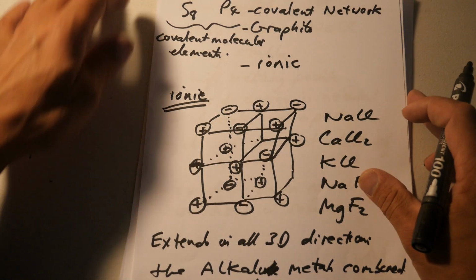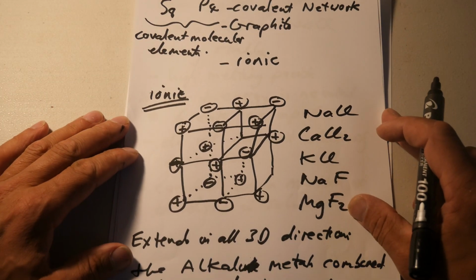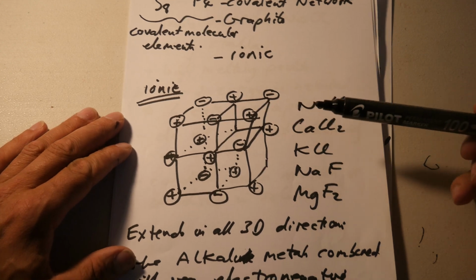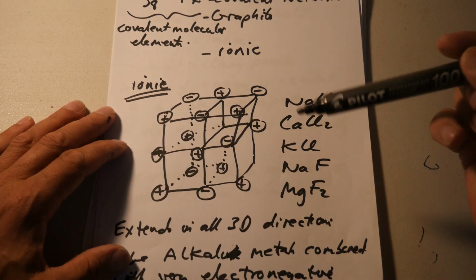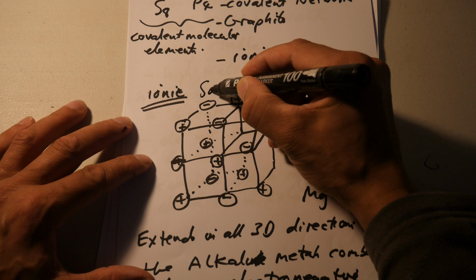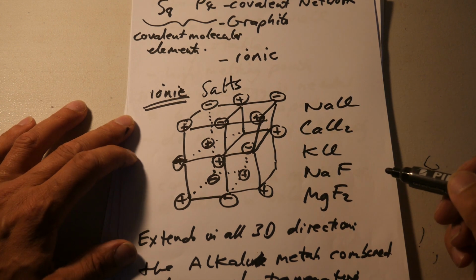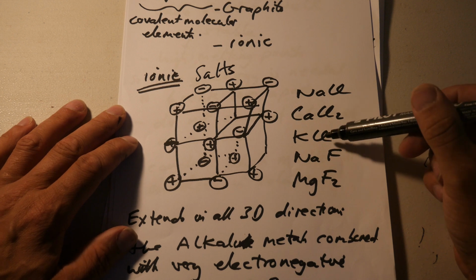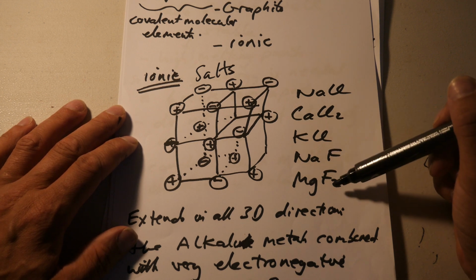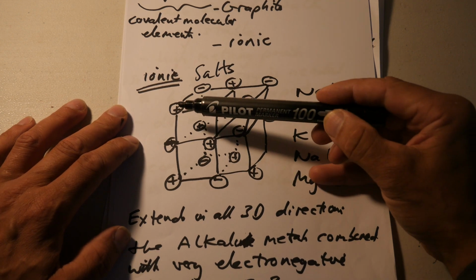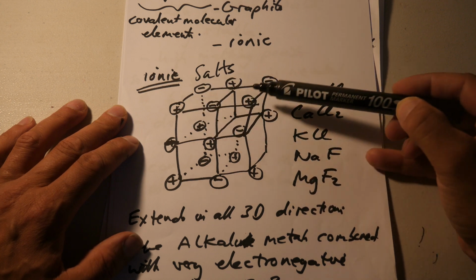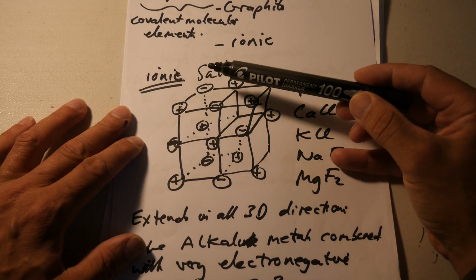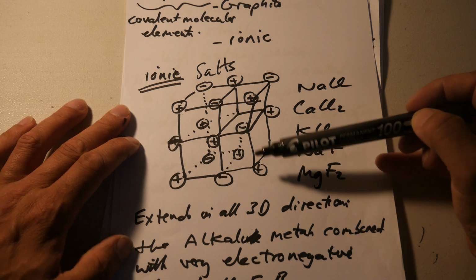Okay, so ionic. These are also called salts. Sodium chloride, calcium chloride, potassium chloride, sodium fluoride and magnesium fluoride are examples. You get lots of positive and negative ions arranged alternately in the structure, forming a three-dimensional structure.